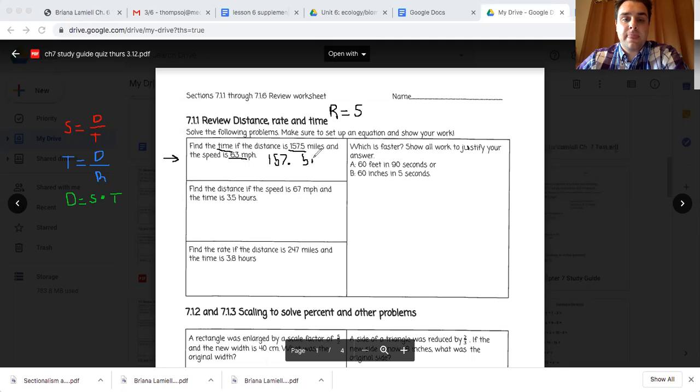I'm just going to put it M. We have a speed of 63 miles per hour. Now all we have to do is divide those, because our distance is over our rate or our speed. So 157.5 divided by 63, and we would get that the time, just put a T for time, the time equals 2.5 hours.